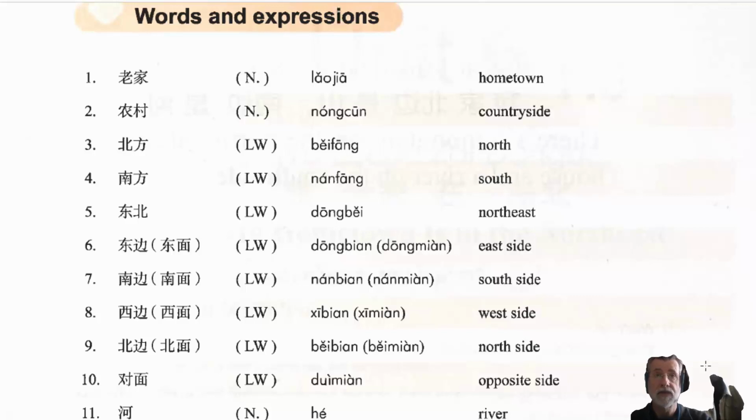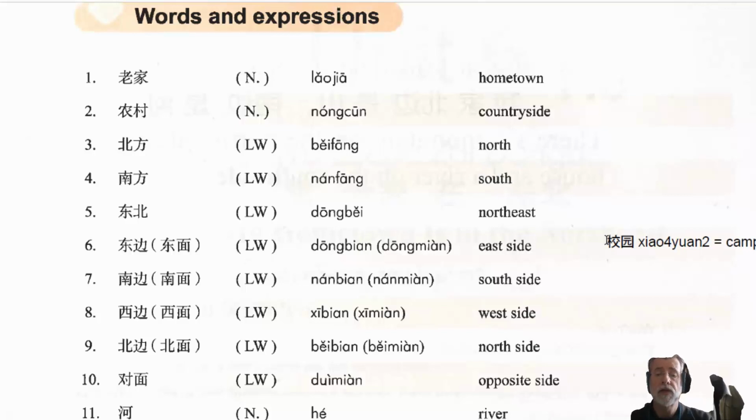So campus is 校园. I might just pop that in there for you, if I can do that. Let's see how we go. 校园. I just need to be patient and let that catch up with me. There we go, 校园, which equals campus.